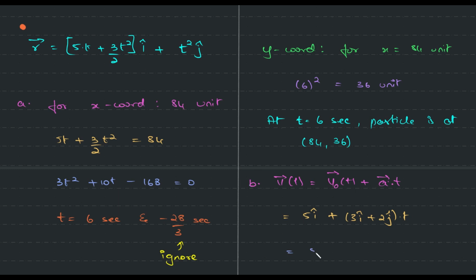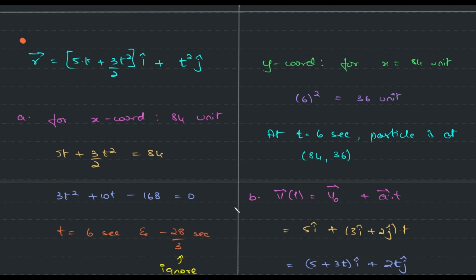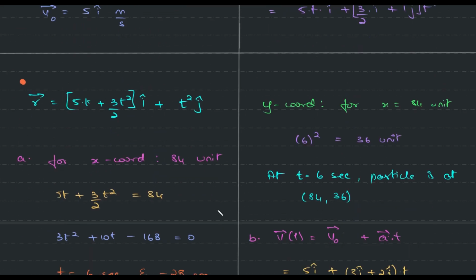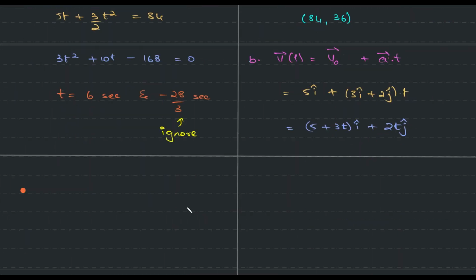So a bit of rearranging, and we have (5 plus 3t) i cap plus 2t j cap. We are looking at the speed of the particle at that time, and we know it's 6 seconds.